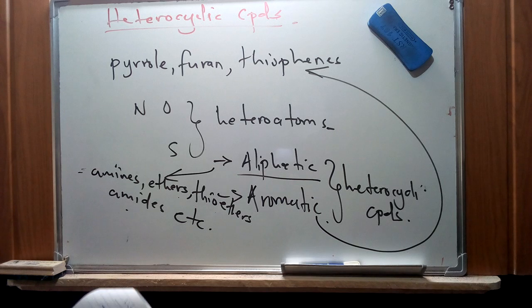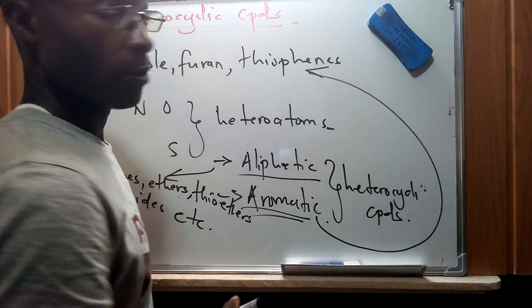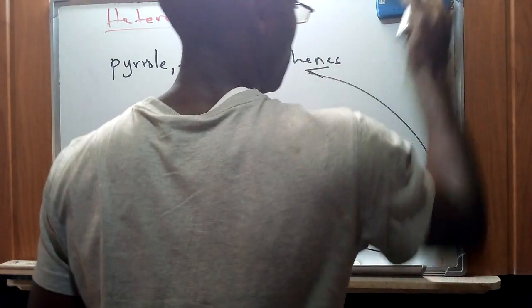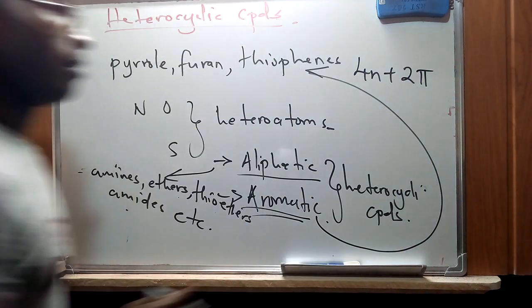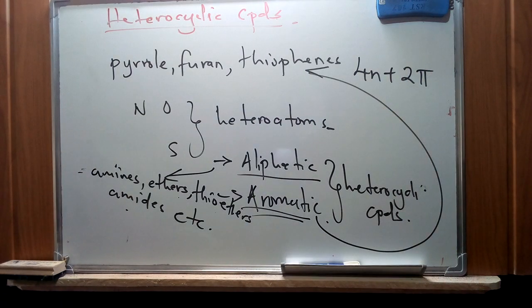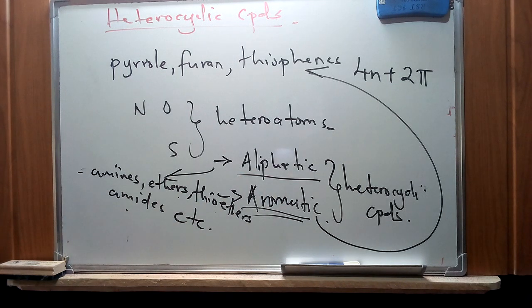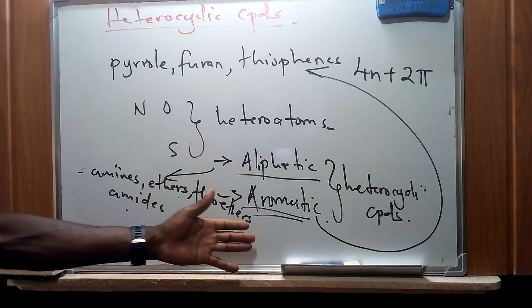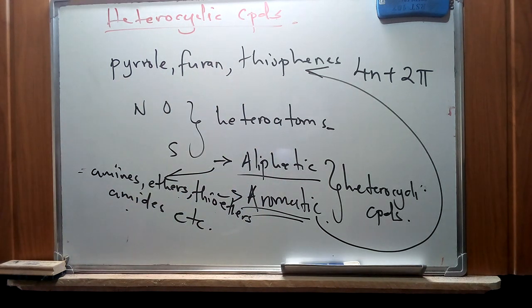Now these form part of aromatic compounds, and as we have discussed in one of our videos, the concept of aromaticity comes from the fact that these compounds obey Hückel's rule, which states that for the system to be aromatic, it has to be planar, conjugated, and have 4n plus 2 pi electrons. So these aromatic heterocyclic compounds consist of this class of compounds, and number 2, they obey Hückel's rule.